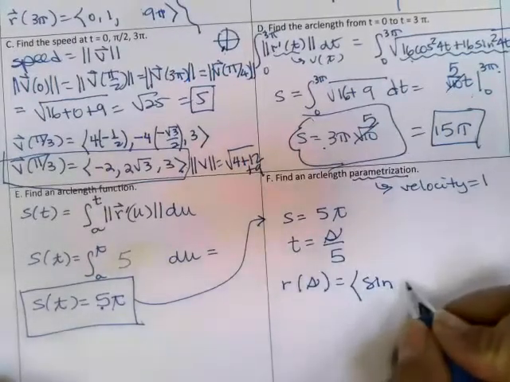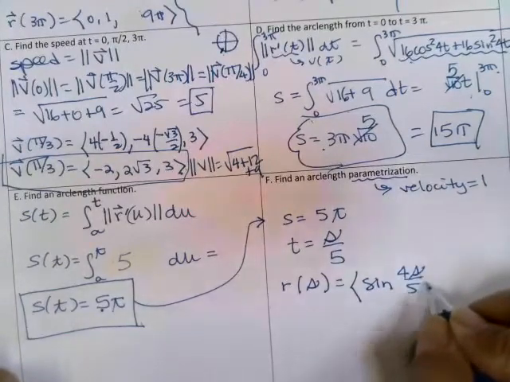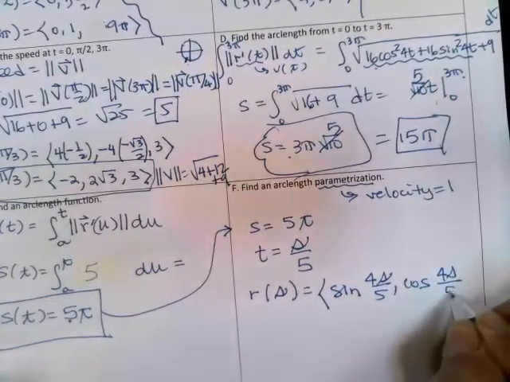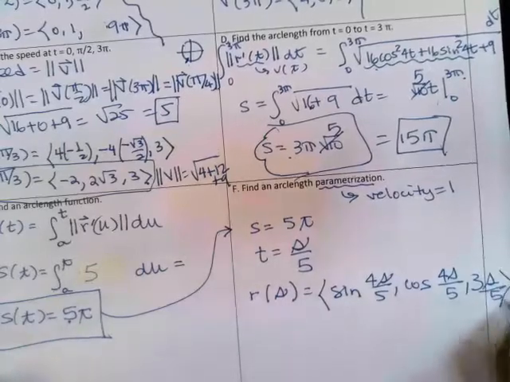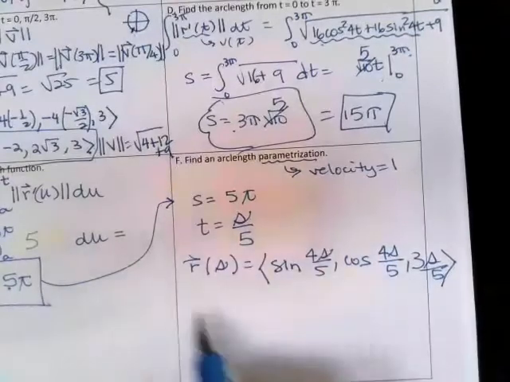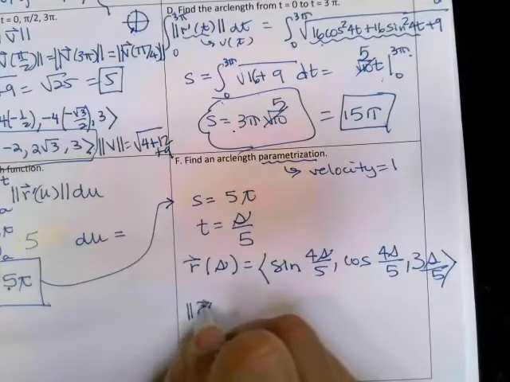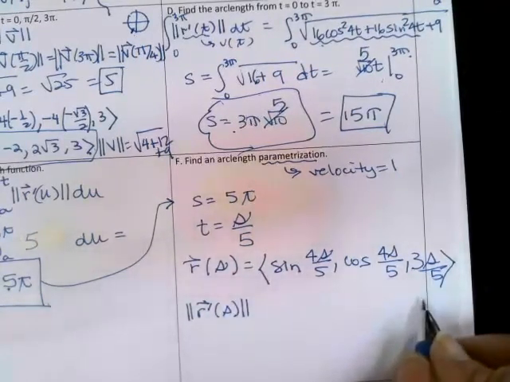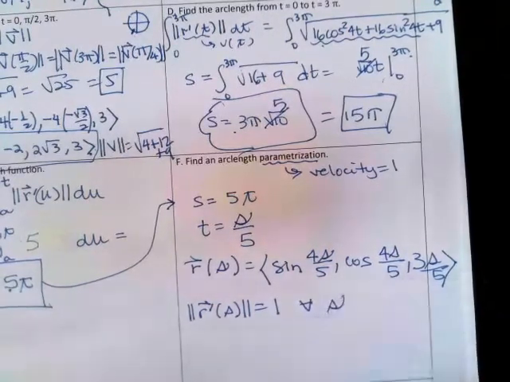So the sine of 4t, but t is now being played by s over 5: sine of 4s over 5, cosine of 4s over 5, and 3 times s over 5. Okay? So what you'll see, if you do this computation and find the speed of this particular parameterization of r, this will equal 1 for all values of s.